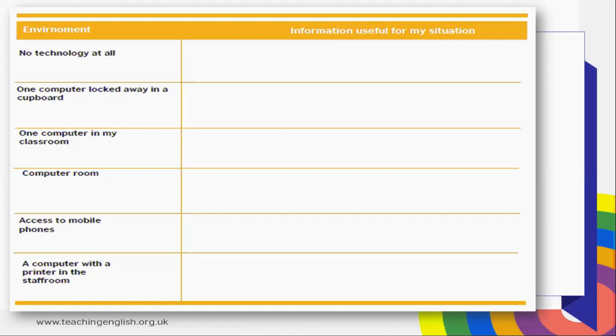What's your commentary about this? About having one computer which is locked away in a cupboard. Some schools have, such as my school, we have very limited opportunities in our school. But at least there is a screen and a computer. Okay, so you're looking at the positive side.